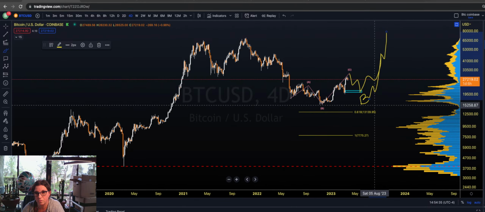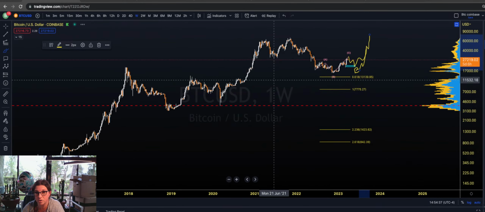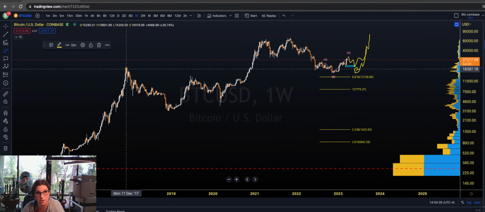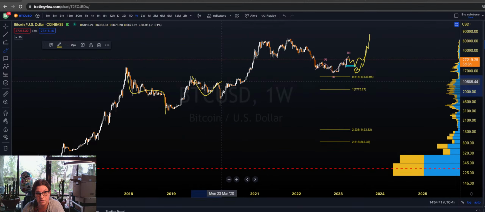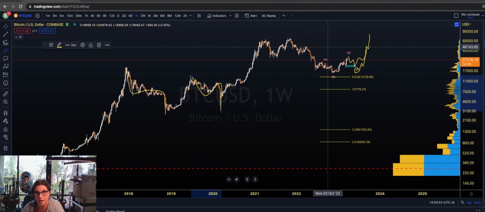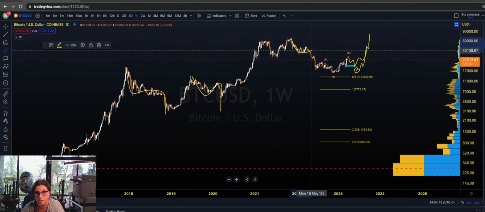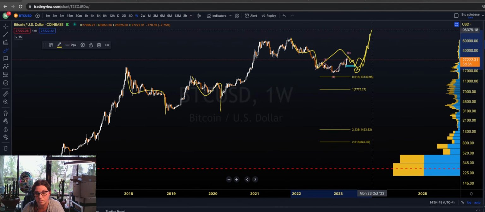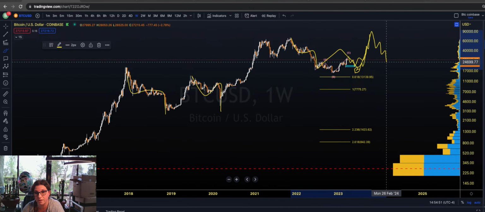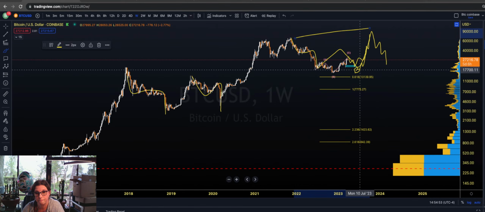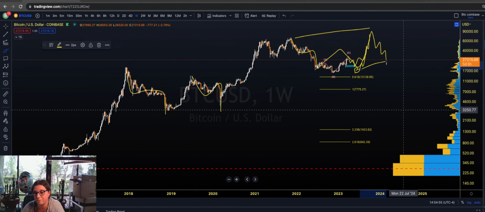Then what do? Well, it finally puts in a different correction than these zigzaggy looking things. And we get a flat correction. Maybe even a running flat. That would be extremely bullish, okay?